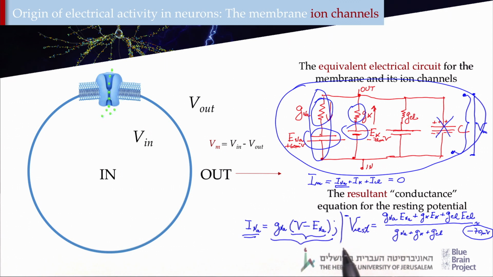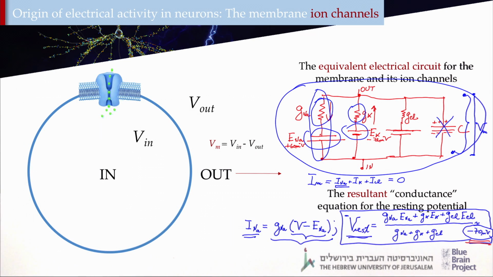Then I get this equation, which is called the conductance equation, which really describes the voltage across the membrane of a neuron at rest, the resting potential. Sometimes it is called E rest or V rest. And I just told you that it is minus 70 millivolts inside the cell.